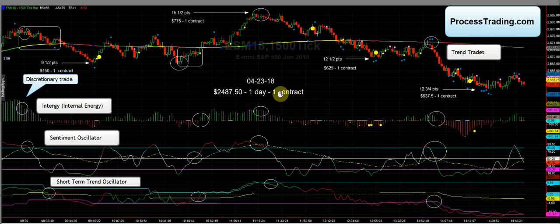If you're only trying to make $200 on one contract, you'd have to get 1 point here and 1 point here and 1 point here and 1 point out of this, that would have been $200, or $50,000 a year. So this is part of how you use the indicators on the processtrading.com website.